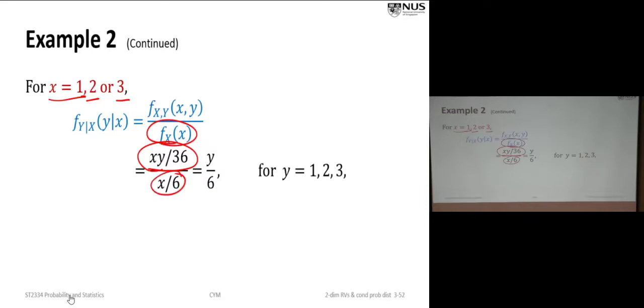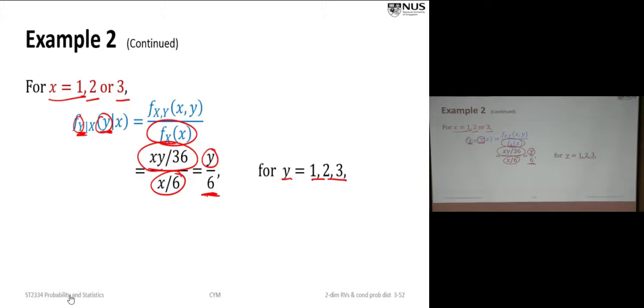So we do some cancellation and are left with y over 6. And this is a function of y. This is a random variable of y. And the expression is y over 6, valid for y equal 1, 2, 3. It's interesting, huh?